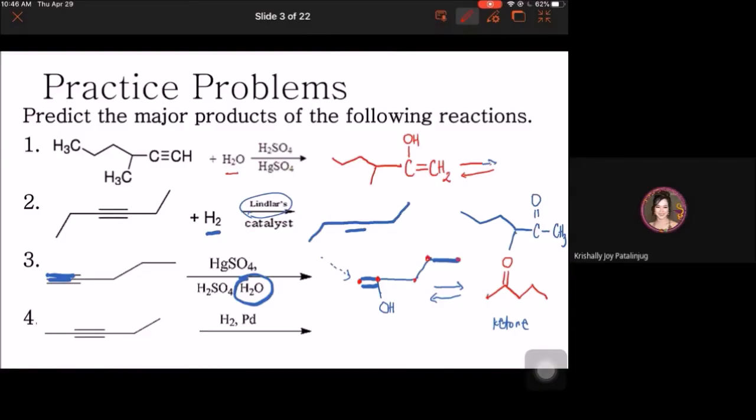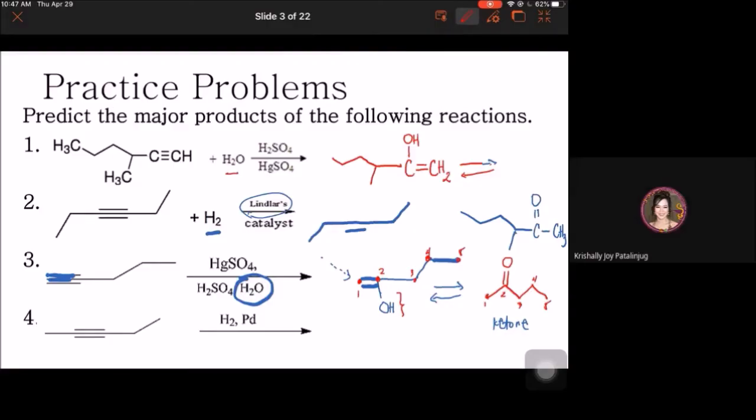It's just the same. This is carbon 1, carbon 2, carbon 3, 4, and carbon 5. All right. We're in at carbon 2. This will be the part that will give the carbon double bond towards oxygen.